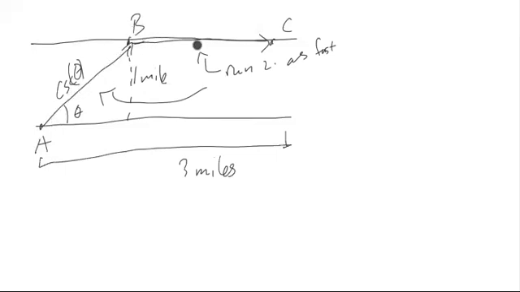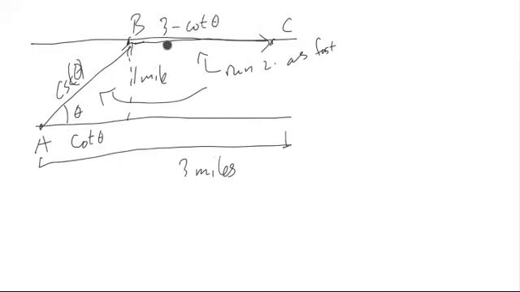Now up here, what do we have? This should be cotangent of theta, because adjacent over opposite is the cotangent. Well, the opposite is 1, so adjacent must be cotangent. So it looks like this distance right here is 3 minus cotangent theta.